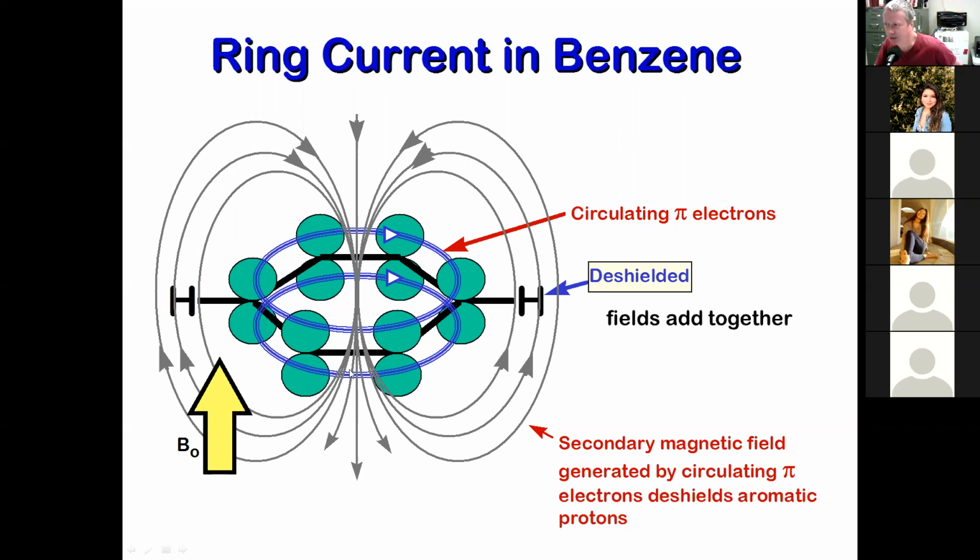And right in the middle of the benzene, if I was describing the effect of these electrons, would you say they're shielding the effect of the magnet, or are they de-shielding? Right in the middle, if that makes sense. Are these in the same direction or the opposing direction?